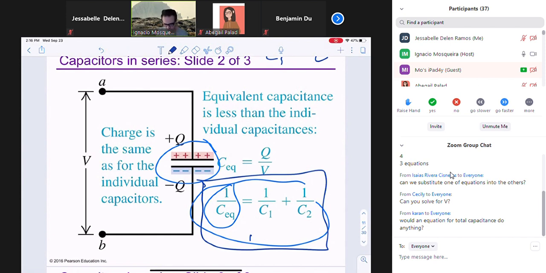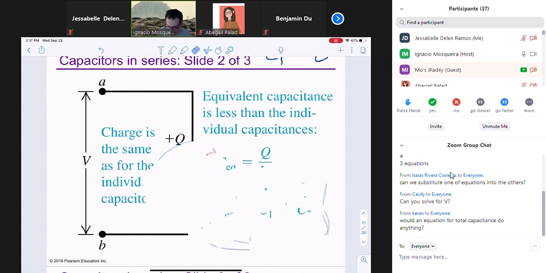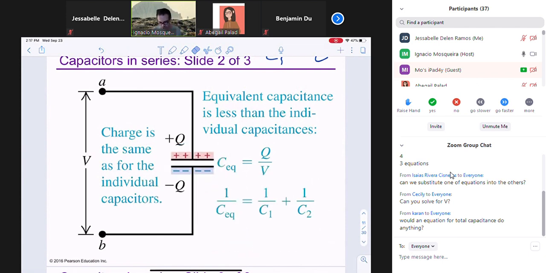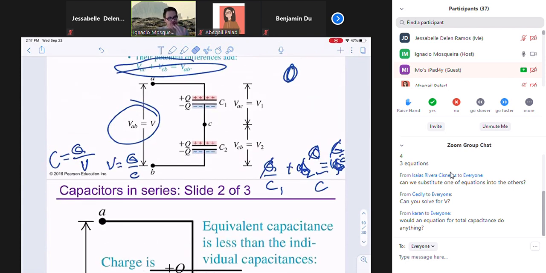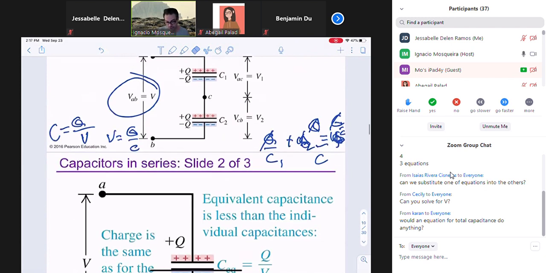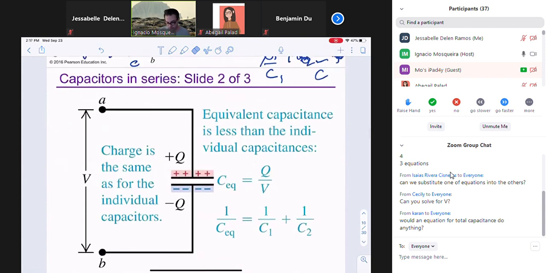What are they trying to tell you with this equation? What they're trying to tell you is that, if you want to go a little faster, whenever you find 2 capacitors in series, you can replace them by just 1 with an equivalent capacitance given by this.